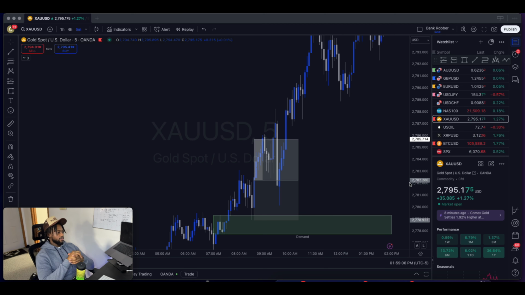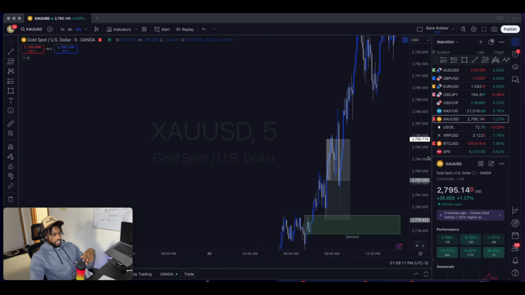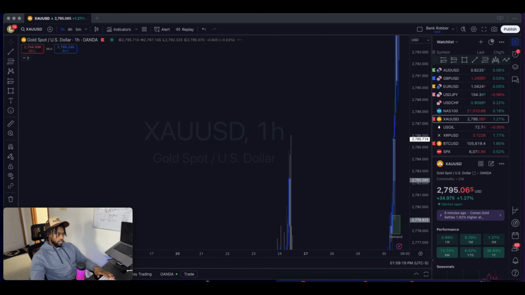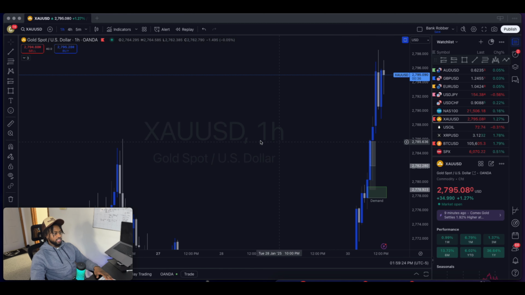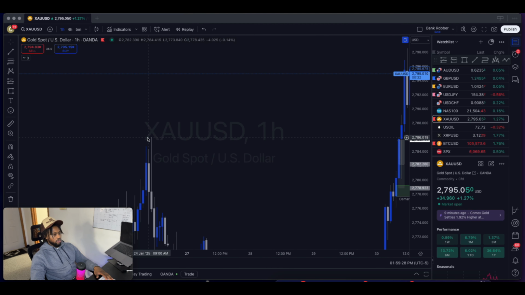Pretty simple trade. If I had to rate myself on this trade, I would say it was like an 8 out of 10. I managed my emotions pretty well, but I was pretty nervous because we are nearing all-time highs, and as you can see, my take profit was pretty much liquidity for these previous highs right over here from last week.